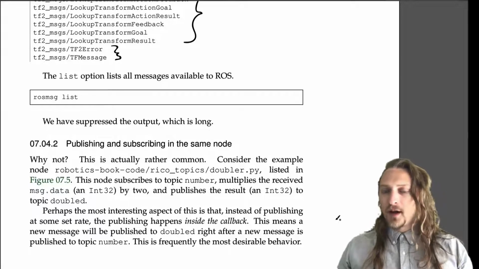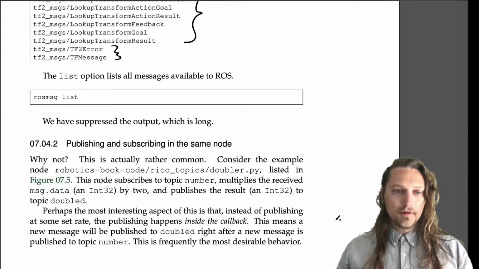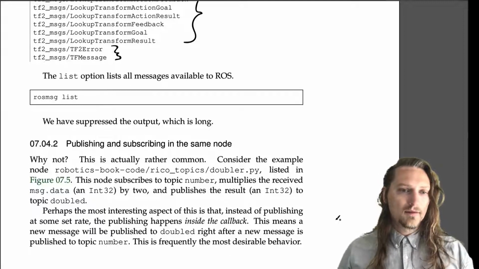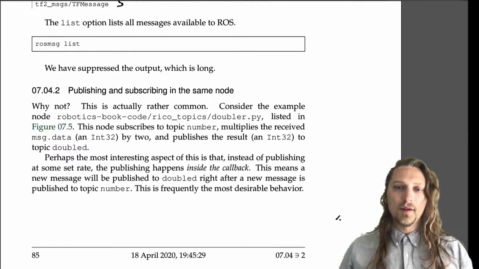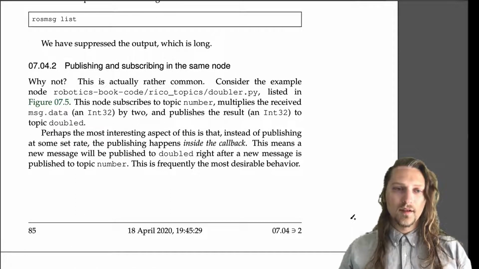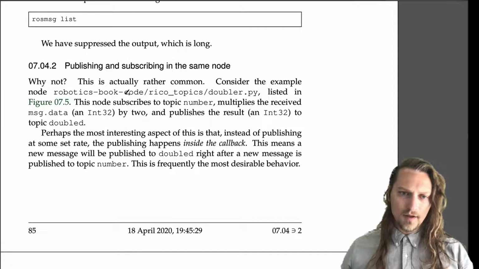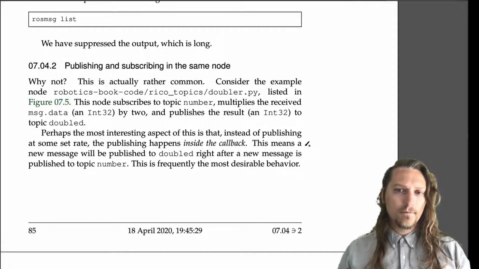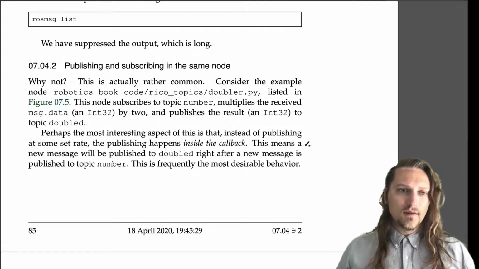Publishing and subscribing in the same node. Okay, it's another consideration with topics. Why not? This is actually rather common. Consider the example robotics_book code rico_topics doubler.py, which is included in the textbook code repository, which is listed in figure 7.5.